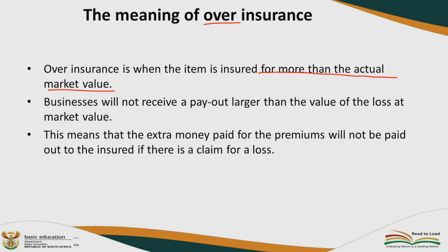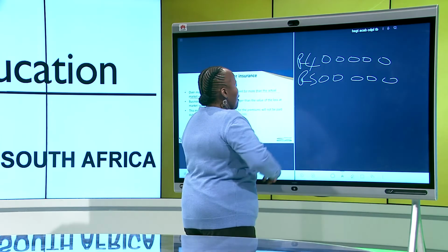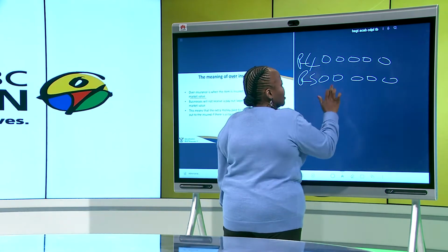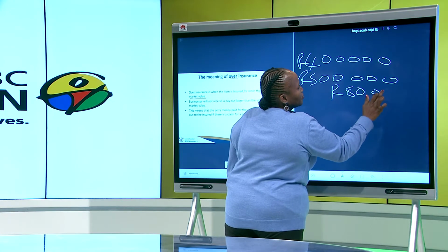A building is insured for 400,000, and the market value of the building is 500,000. The building is destroyed by fire and the damage costs 80,000.